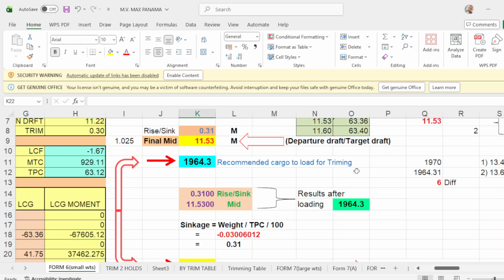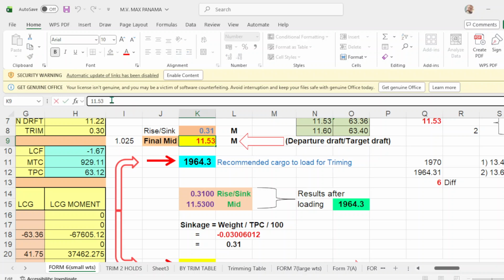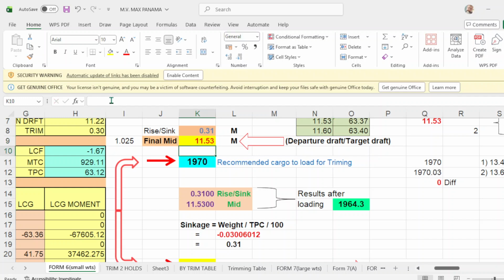We'll just use the recommended cargo of 1970.